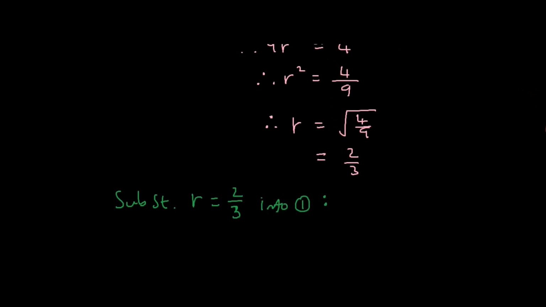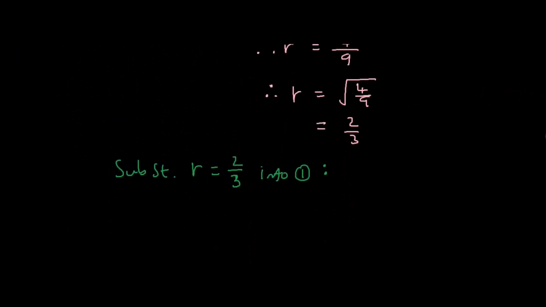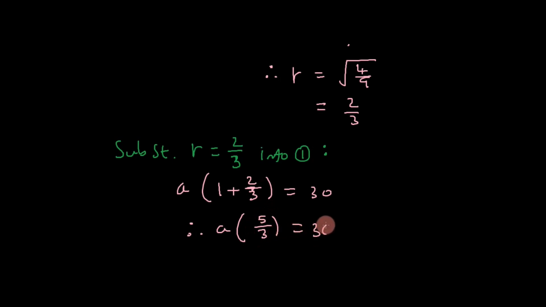So equation 1 says A into 1 plus R equals 30. So that means that A into 1 plus 2/3 will equal 30. This is 1 and 2/3, which is 5 over 3.